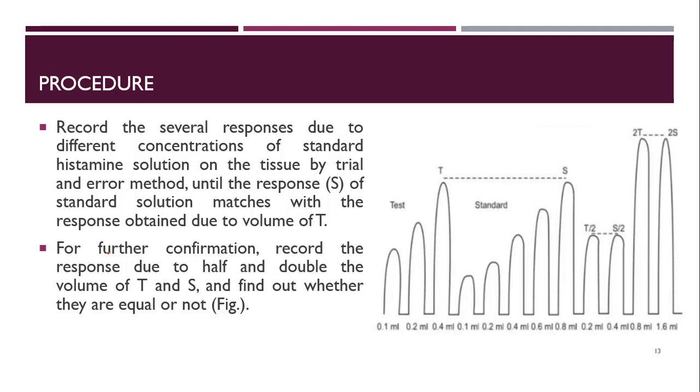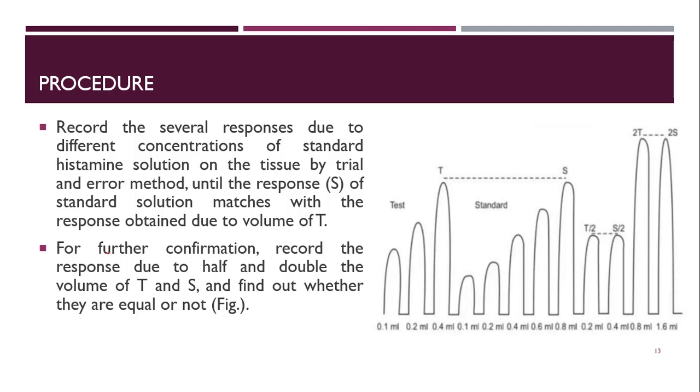Okay, so approximate matching we have to do, not the exact matching, and we have to then subdivide this dose into two. We have to take half doses of the test and half dose of the standard. That is half dose of test, that is 0.2 ml, and half dose of standard, that is 0.4 ml.